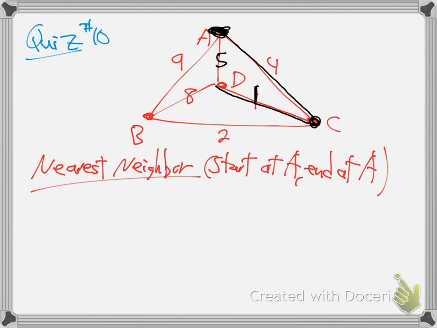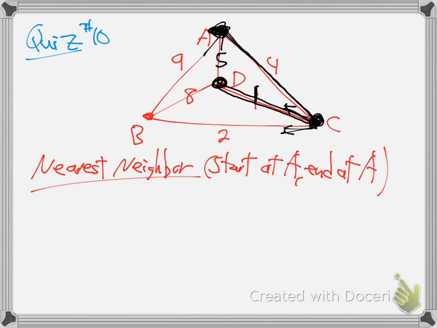I'm just saying if I'm standing at C, I can either go the 1 road or the 2 road. What's the lower number? 1. No, don't think any deeper than that. We'll do some deeper methods, but not this one. This one simply says where you're standing, look at the roads, take the lowest one. That's all it means. So I'm standing at A, I can go 9, 5, or 4, I go 4. I'm standing at C, I can go 1 or 2, I go 1.